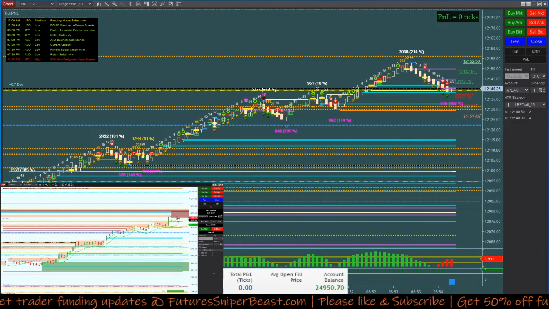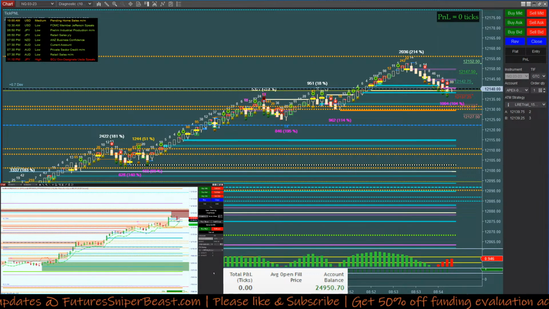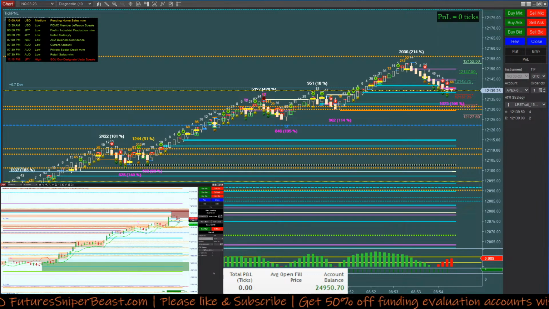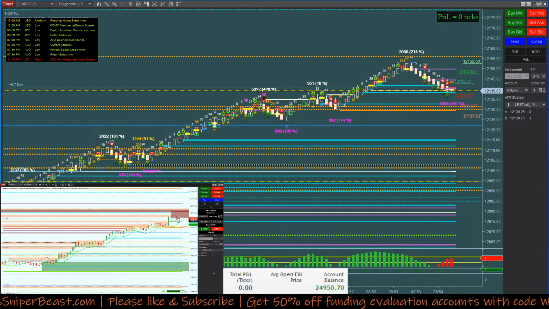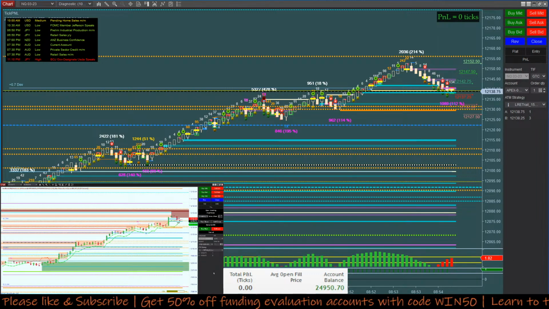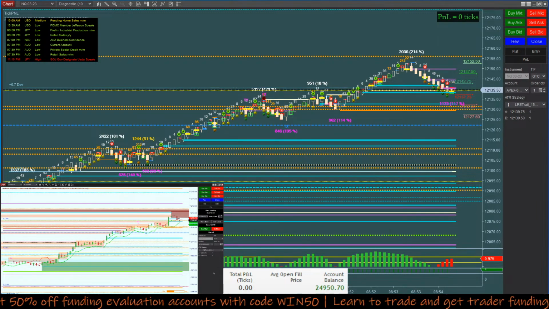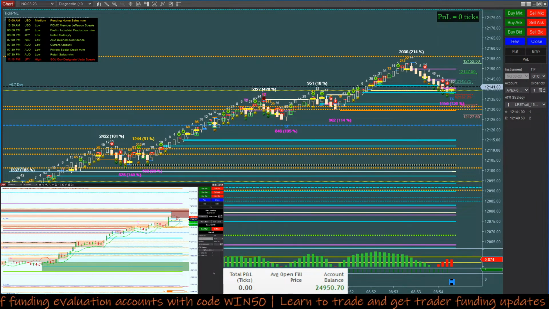Potential SLZ on NQ. 852. Yeah, I didn't like that one. Potential TX on NQ.